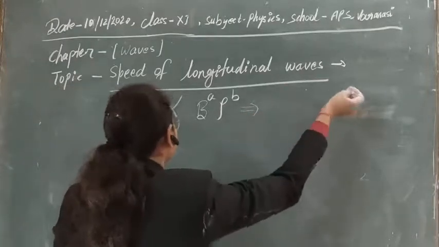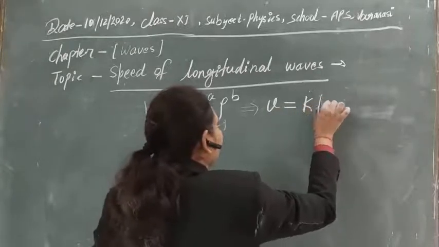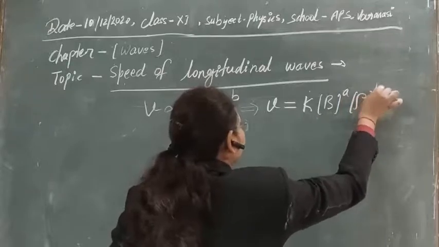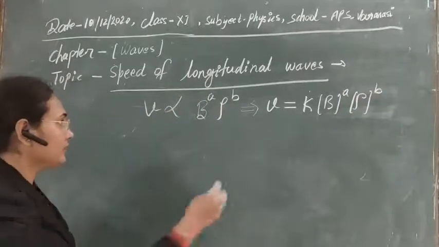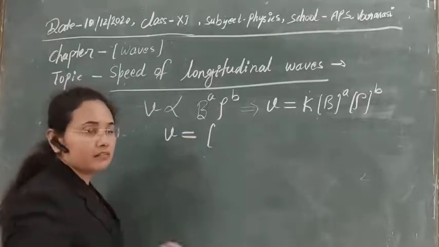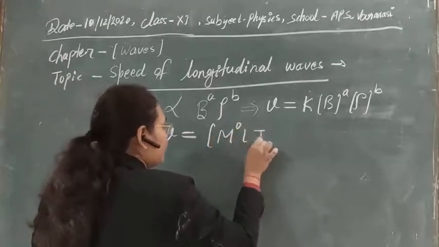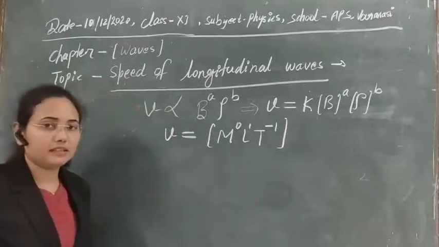First of all, let's write v equal to some constant k, B to the power a and rho to the power b. Clear? Now we can write the dimensional formula for these factors. For velocity, the dimensional formula is L T to the power minus 1. Clear? L T^-1.